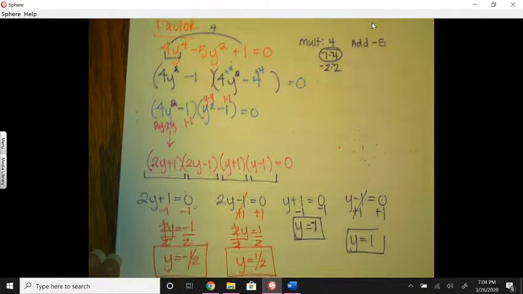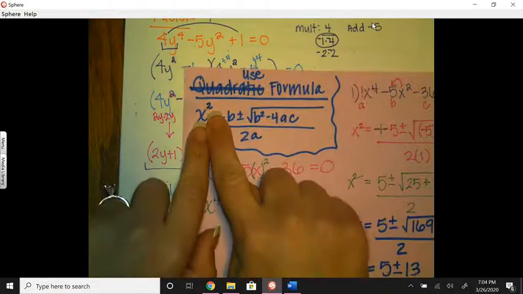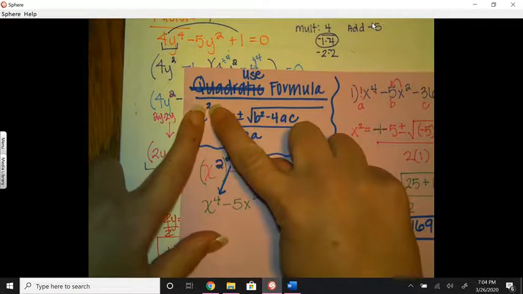Now we can also solve this using quadratic methods, using the quadratic formula. The quadratic formula just has to be tweaked a little bit. So instead of x equals, we need to do x squared.